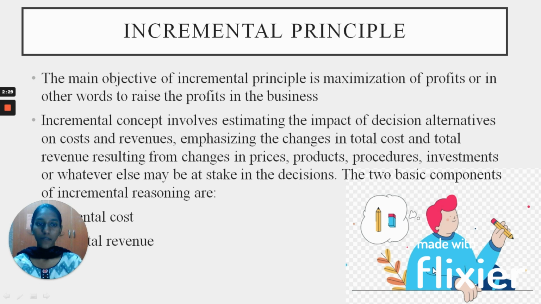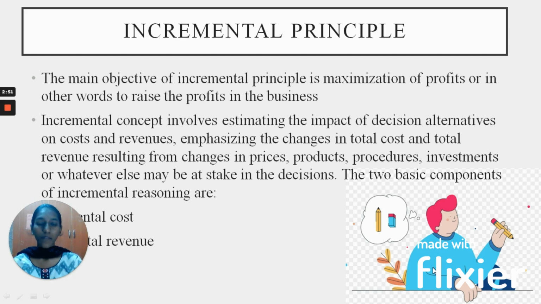Incremental concept involves estimating the impact of decision alternatives on cost and revenues, emphasizing the changes in total cost and total revenue resulting from changes in prices, products, procedures, investments, or whatever else may be at stake in decisions. The two basic components of incremental reasoning are incremental cost and incremental revenue.